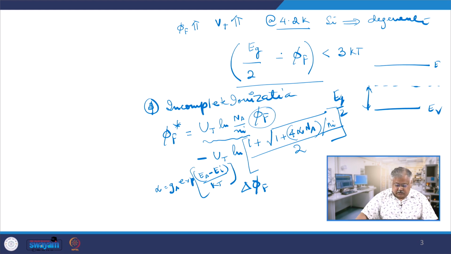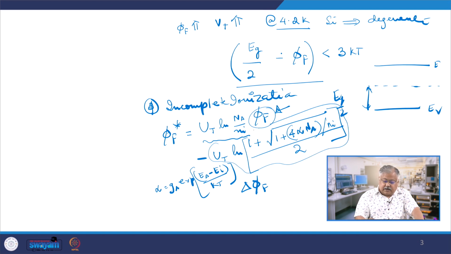G is the occupancy which you will see here. If you look at this equation, the first term is primarily the bulk Fermi potential, and this is the change in the Fermi potential because of threshold voltage change, band gap widening, and so on. Now, as the acceptor ion concentration becomes larger and larger, and this is very important, this Na value starts to increase. I am talking about a p-type semiconductor. This increase means that this whole quantity becomes larger as Na becomes larger.